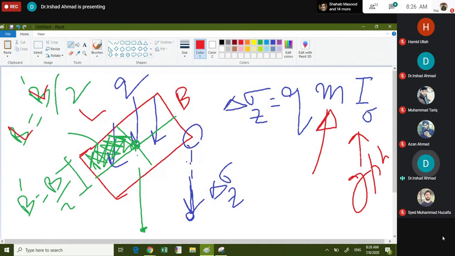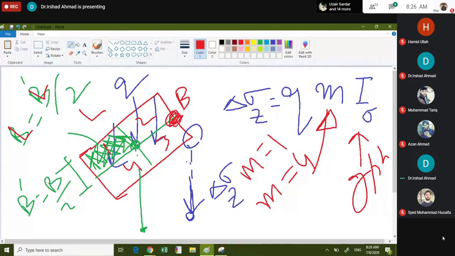But there are 4 rectangles, 1, 2, 3, 4, so M would be equal to 4. But if you are going to find it under the corner of footing, then M is equal to 1. But if you want to find it here at the edge, the rectangles are 2 now, 1 and 2. So here M would be equal to 2.